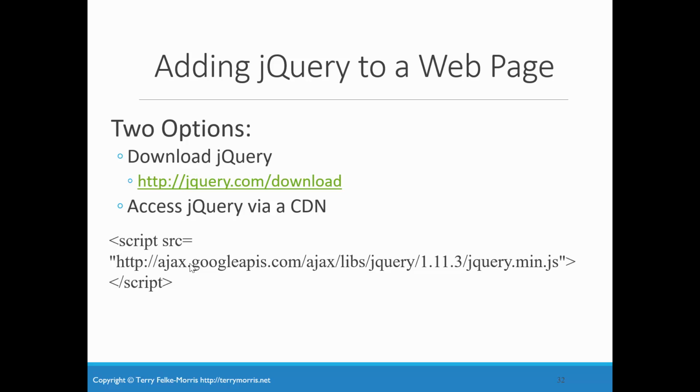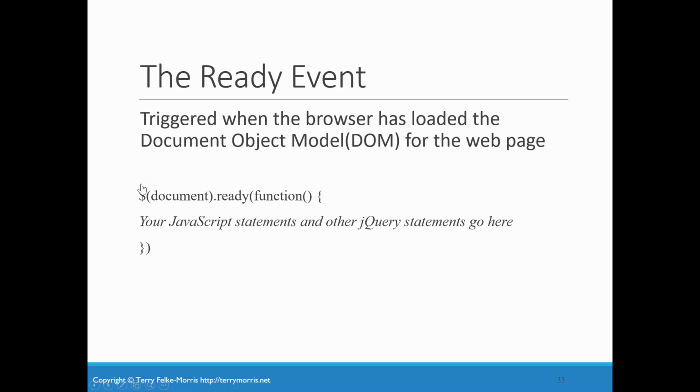The advantage of doing that is it's one less thing to download. The disadvantage is you need an internet connection for that to work. If you just download it, it works whether or not you have an internet connection.